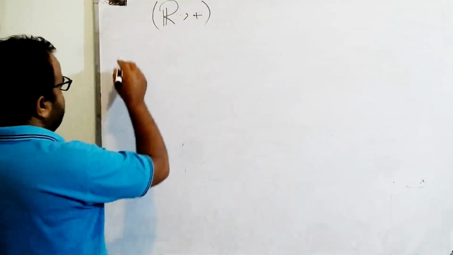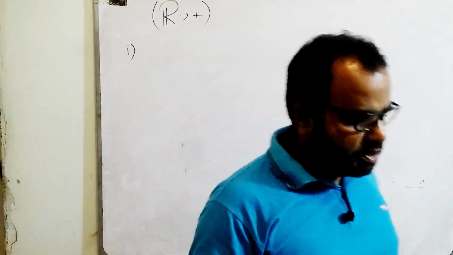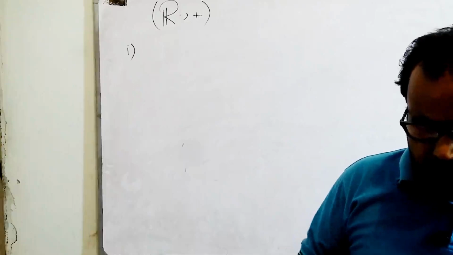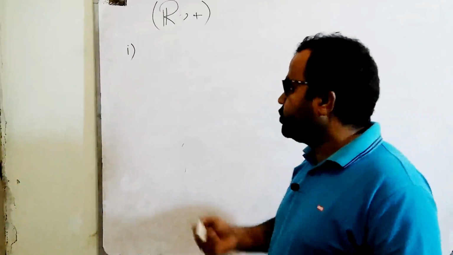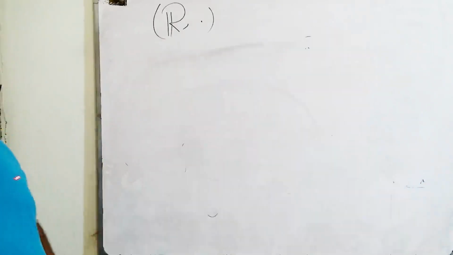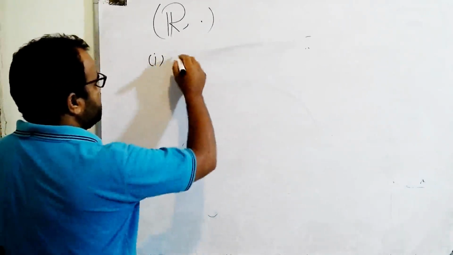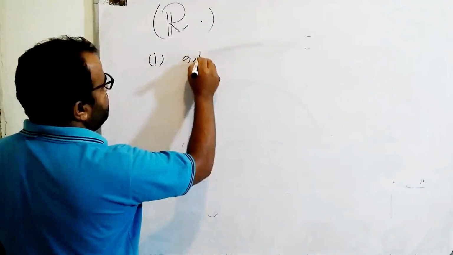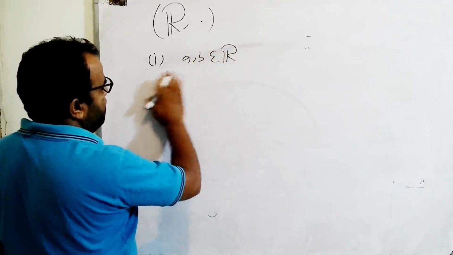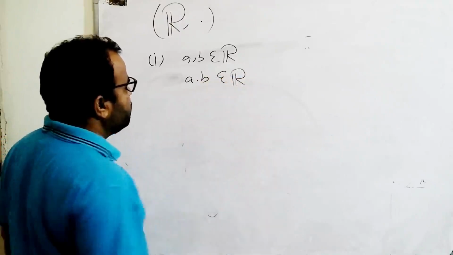The first property is the closure property, which states that for any two real numbers, A comma B belonging to the set of real numbers implies that A dot B, meaning multiplication, also belongs to R, which is an obvious property.